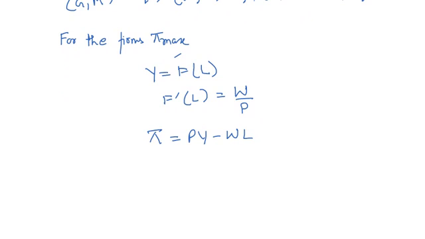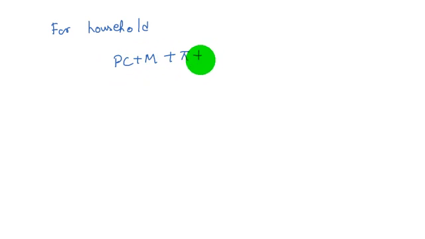For the household, utility maximization gives PC plus M equals WL plus pi plus M bar minus PT.